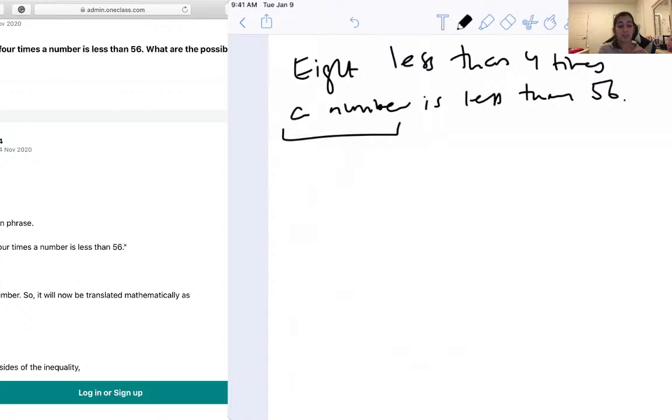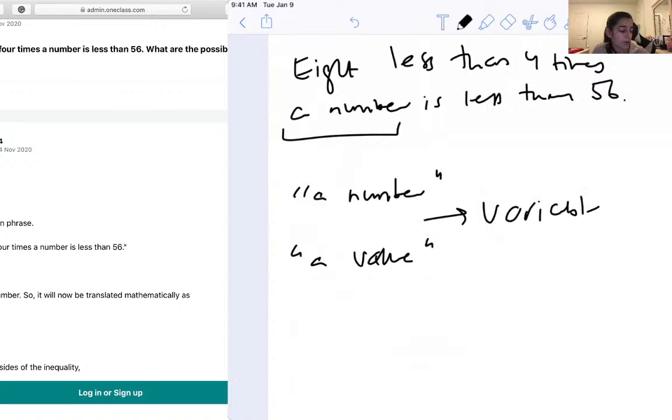There's not a fixed value associated with it, it's just a number. And whenever you're just given a number or a value, you can use variables. So normally variables are just letters. You can use any, A, B, C, D. The most common one used is X, and that's what we're going to be using. So we're going to start off with X.